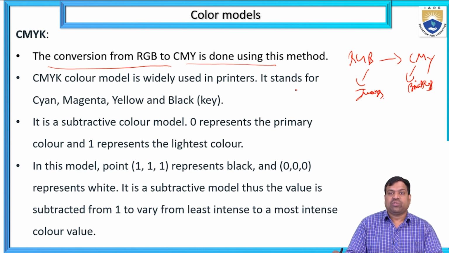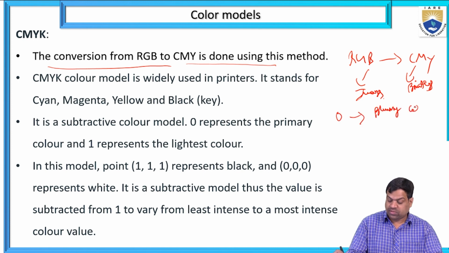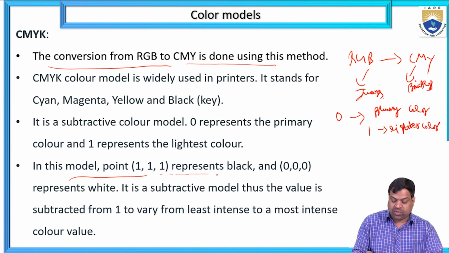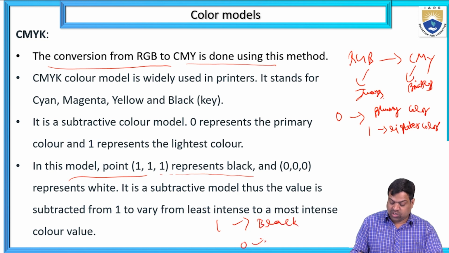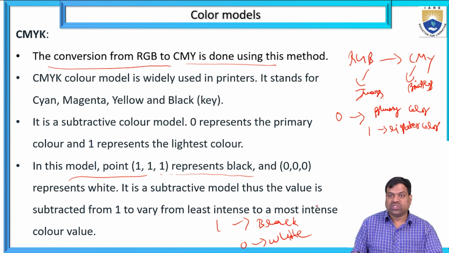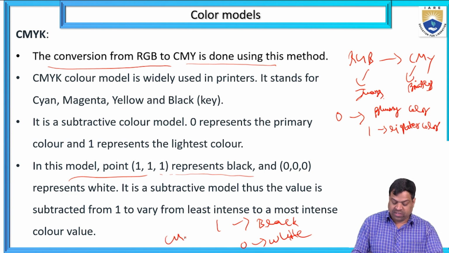It is a subtractive color model. 0 represents the primary color, the lighter color. In this model 1 represents black and 0 represents white. Why I am telling you that 0 means white: it matters when you are converting from CMYK to black and white or gray levels.